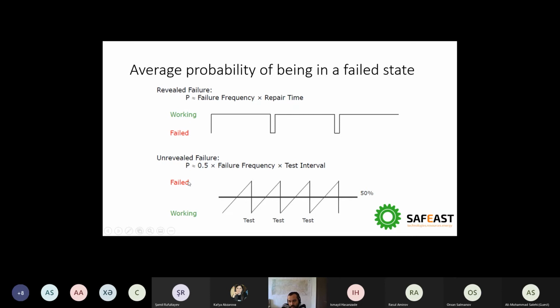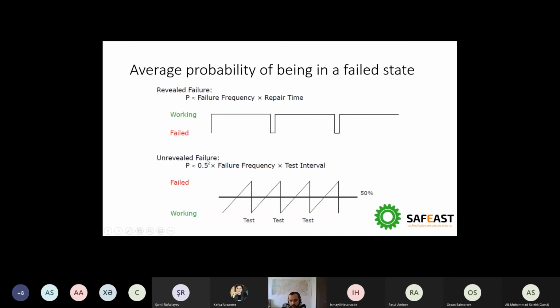So if you look at the time between failure and working, the probability of failure will be 0.5, like 1 over 2, and I think it should be clear why I meant 1 over 2, because until you test it next time, half of the time it may be in a failed state, since it's an unrevealed failure.